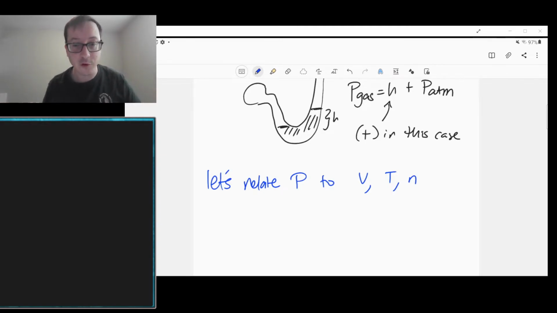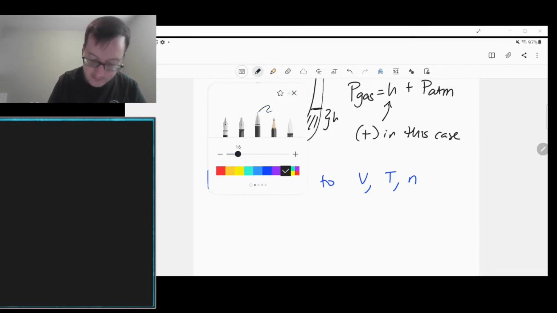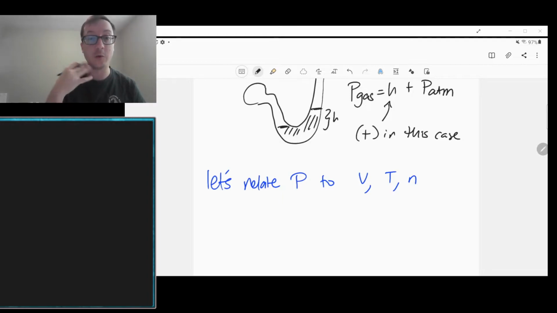No offense to them, of course, they did good work, but that's not going to help you learn this. If you want to learn the history, go right ahead. You learn about Charles and Boyle and Gay-Lussac and Avogadro. They did all these experiments. But let's relate this to things that we already know. And so sometimes I do this with an analogy, and sometimes I don't.